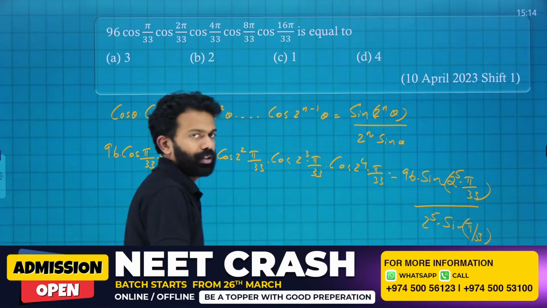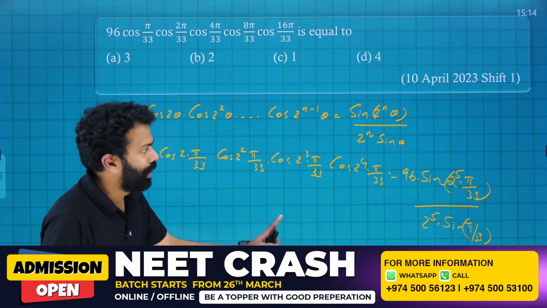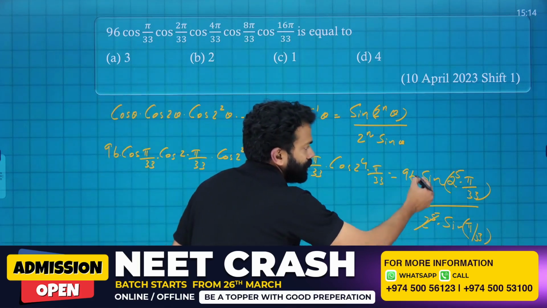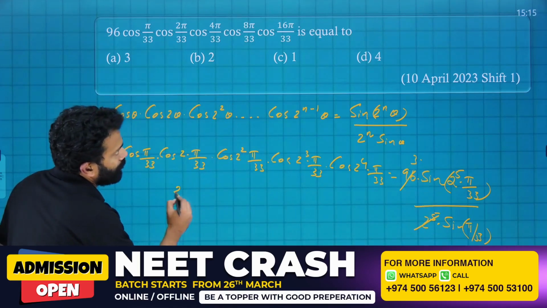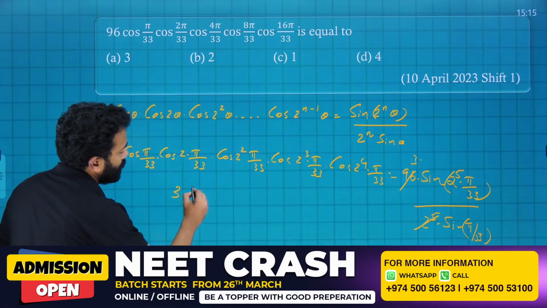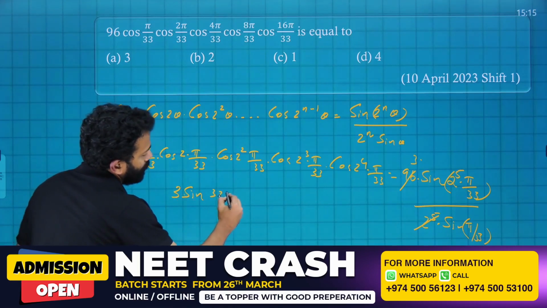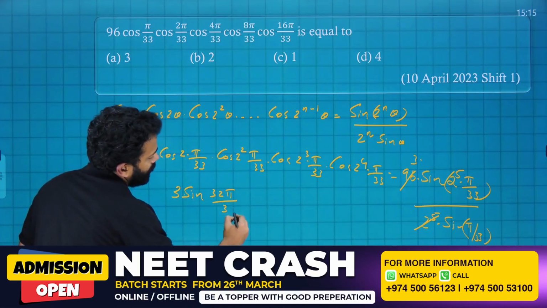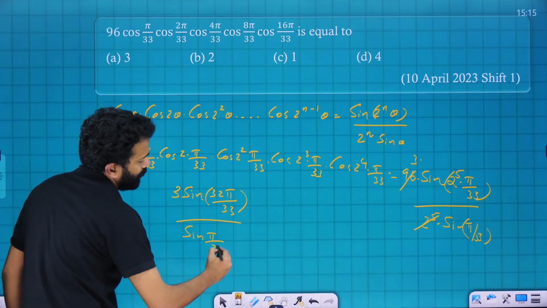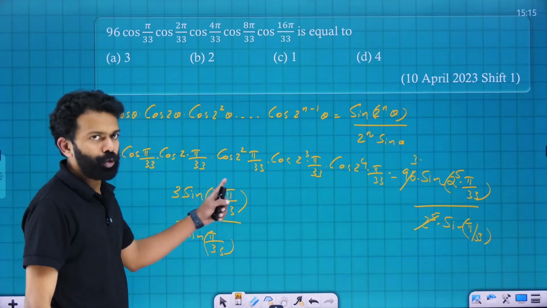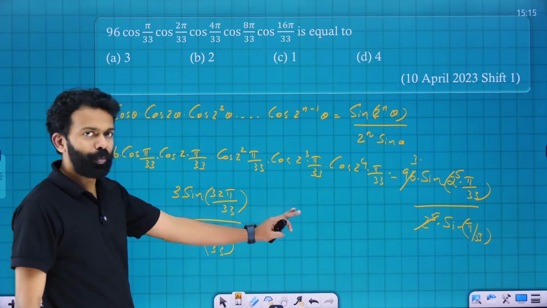Okay. So do you know the value of 2 raised to 5? 32, right? And 32 can be cancelled with 96 with 3. Okay. That is, it will be like 3 into sine 32 pi by 33 divided by sine pi by 33. So what is sine 32 pi by 33?